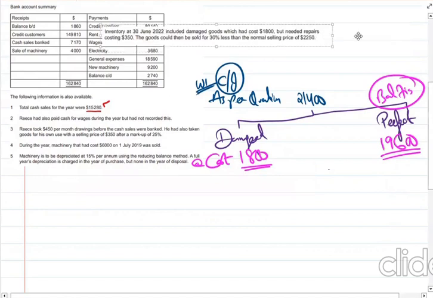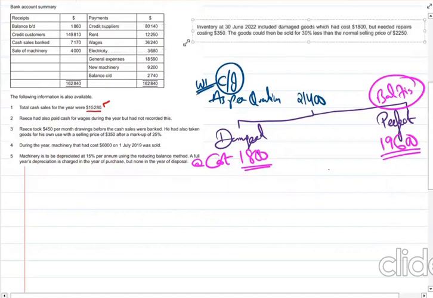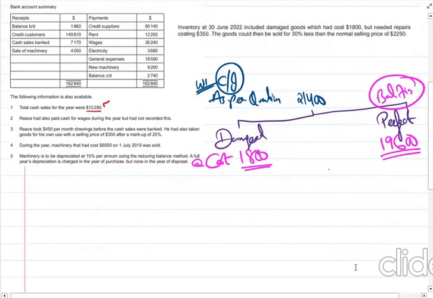Now, as per the rule of IAS 2, damaged or problematic inventory must be recorded at the lower of cost and NRV. What was the formula of NRV?